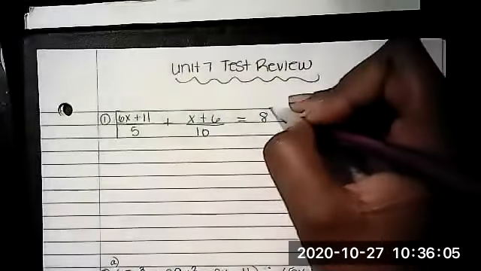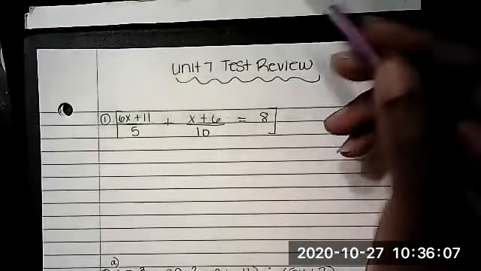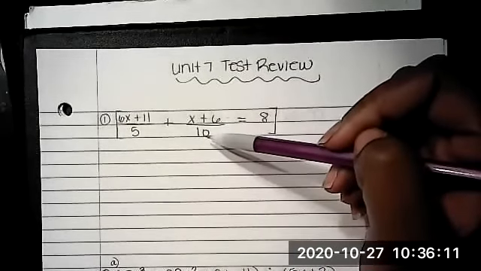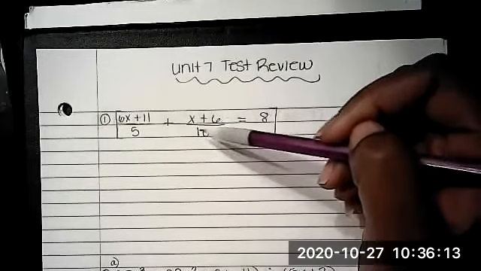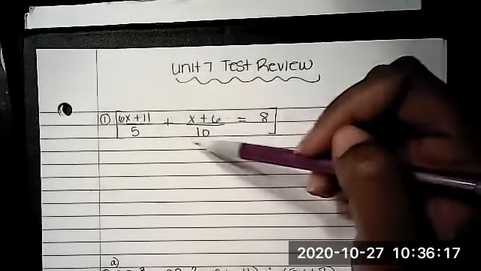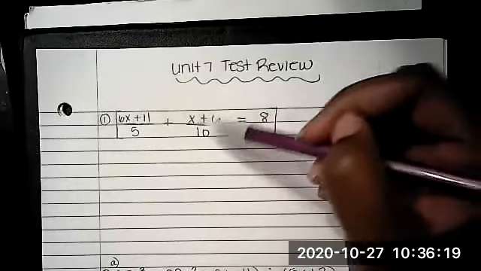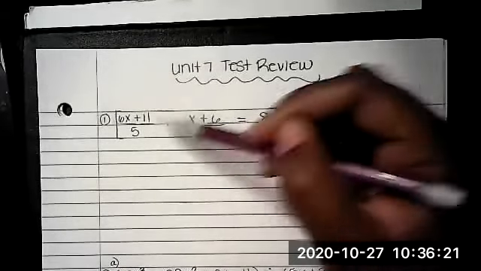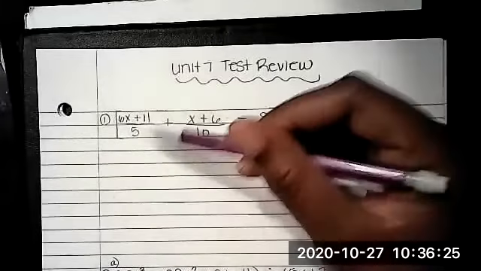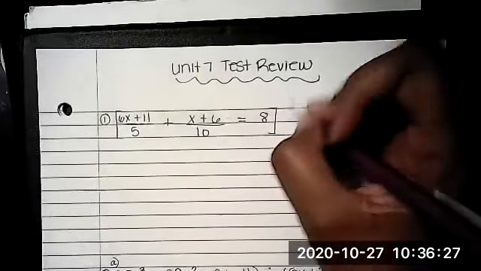What you're going to do first is find a common denominator between 5 and 10. If you have been doing the notes, you should know that with the common denominator, if we have multiples, you can actually multiply the two numbers if you had to. But in this case, 10 is a multiple of 5, so 10 is the common denominator.